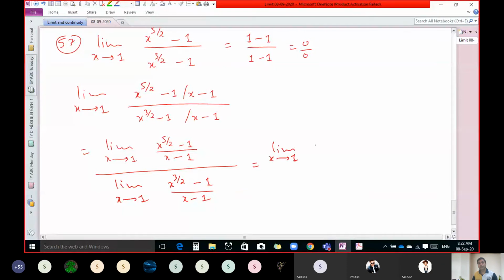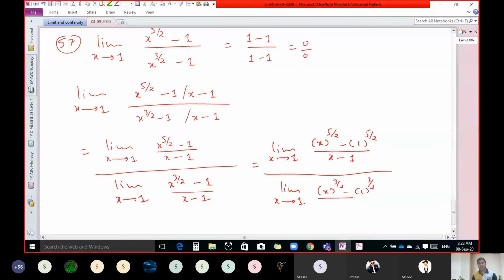Limit x tends to 1 of x raised to 5 by 2 minus 1 raised to 5 by 2, because 1 raised to anything is 1, divided by limit x tends to 1 of x raised to 3 by 2 minus 1 raised to 3 by 2, because 1 raised to 3 by 2 is also 1.